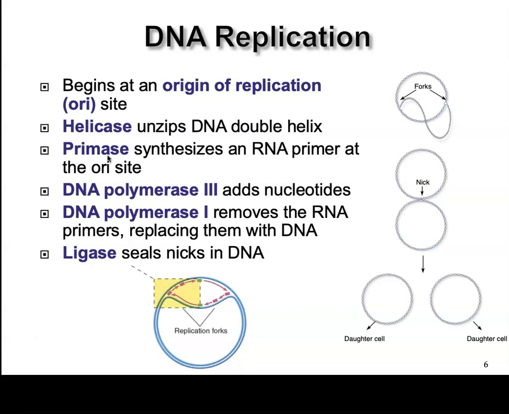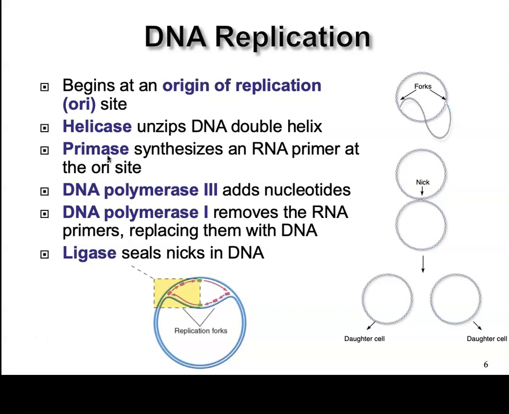It's going to put little nucleotides of RNA on the ORI site, at the beginning of where replication is going to happen. We will look at another picture that'll highlight that a little better. But the RNA is a temporary form, and we'll talk a little about why.